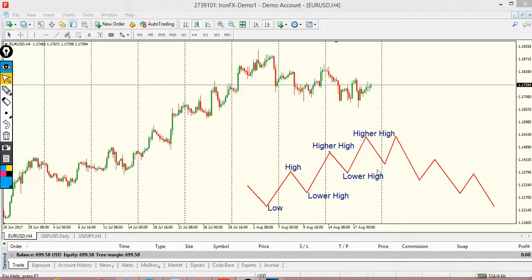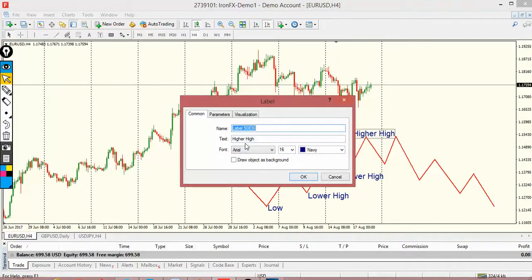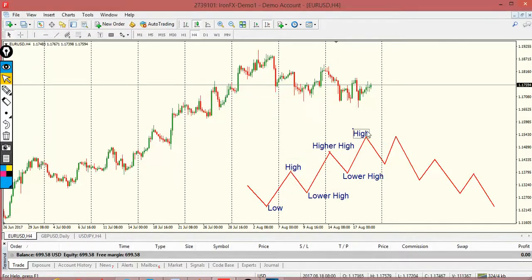Then it went up until a time it was unable to make a new high here. Then suddenly we made a low. So this is the low. That becomes a high.